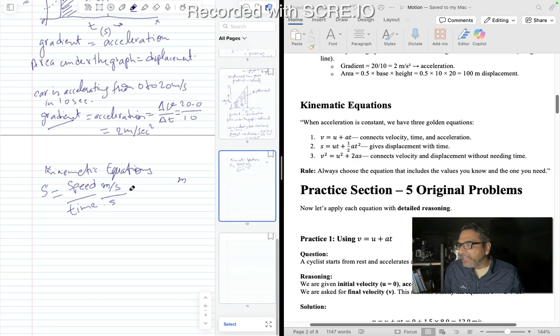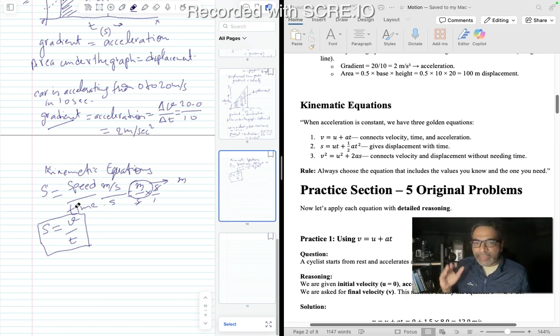For the unit check, meter per second times second over 1, the second is cancelled out, so the meter remains. So the distance is speed over time, but that happens when we have no acceleration, a constant speed.